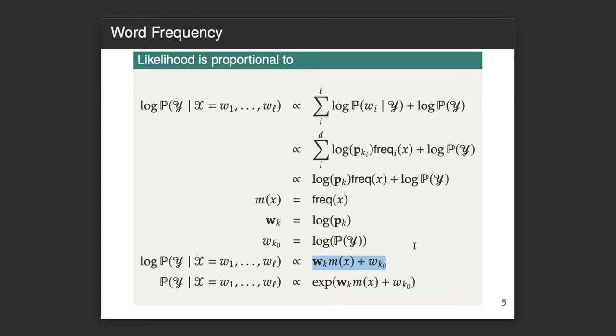So when we are modeling using Bayes' theorem, and we are assuming that the inputs are distributed as a categorical distribution, then what we are in fact doing is assuming that the model is linear, and the weights we estimated are the parameters of the categorical distribution, and m is the frequency.